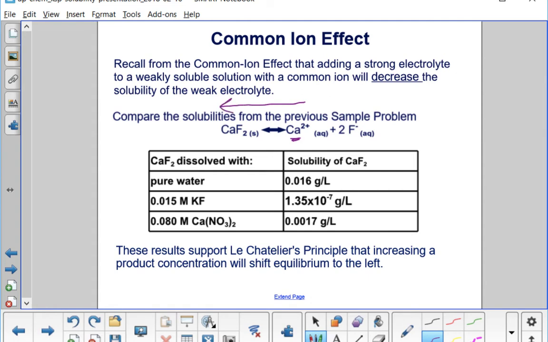And that supports the mathematical results we got. In pure water, we have orders of magnitude larger solubility than when there's a common ion in the solution. And these results support Le Chatelier's principle that increasing a product concentration shifts the equilibrium to the left and decreases the solubility.